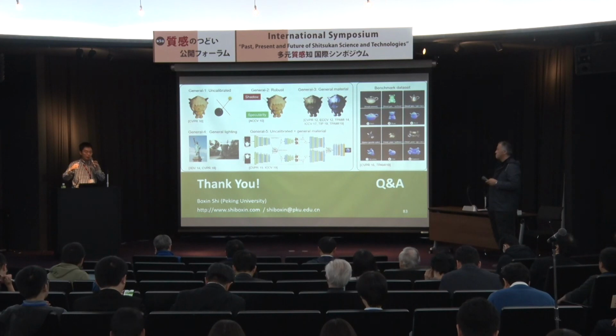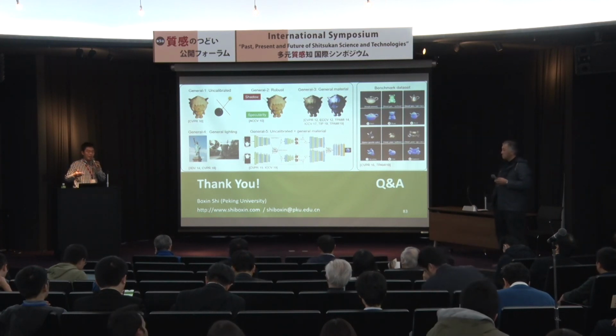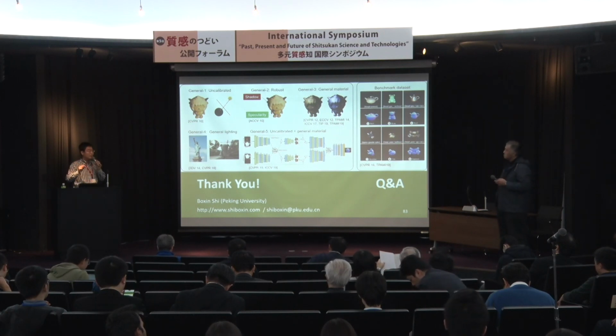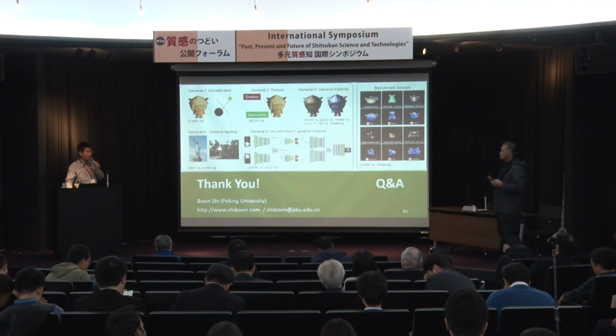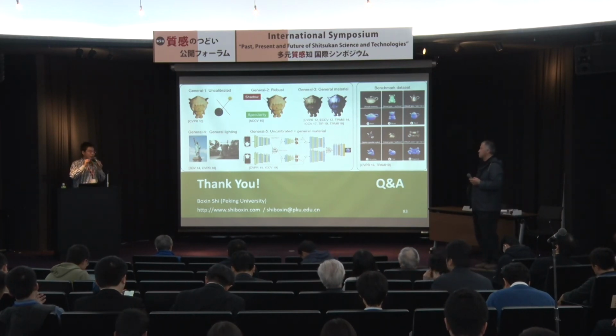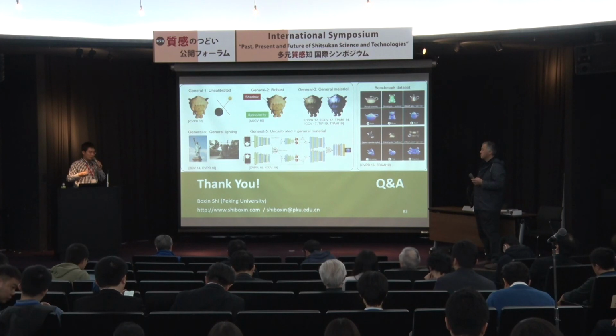Because if the model is very complex, it can render very realistically, but if the computation or the equation becomes highly nonlinear, then the optimization might have some problems. So we just take a good trade-off between these two. First, it can describe broad categories of materials, and second, it can be easily handled with a global optimization solver in a stable and accurate manner.